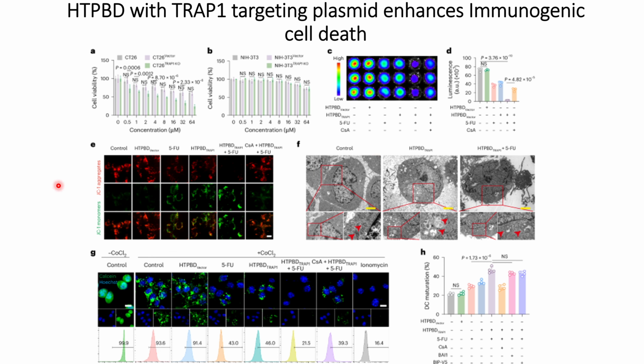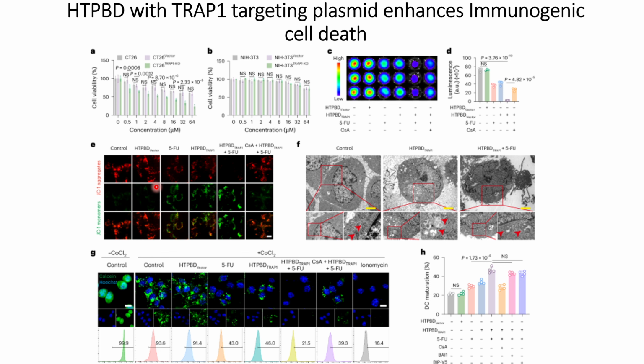Then they wanted to check whether this immunogenic cell death, or this reduction in cell viabilities, is because of mitochondrial damage or not. In order to check that, they used JC1 assays, where JC1 aggregates indicate healthy mitochondria and JC1 monomers indicate damaged mitochondria.